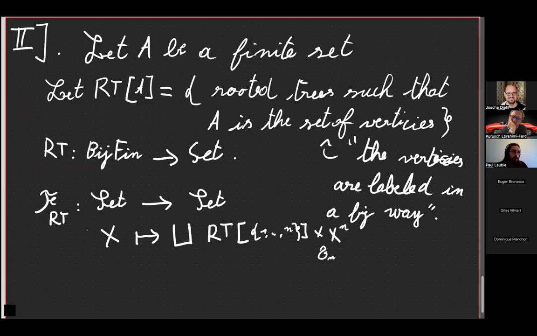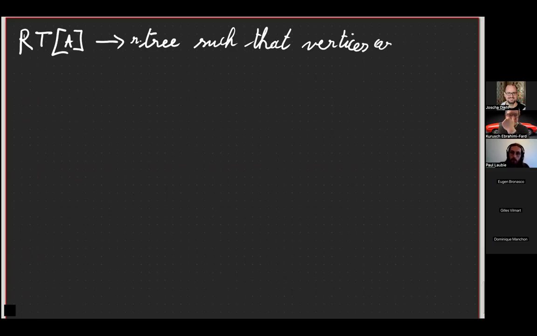It is not really important to understand this functor, but the idea which is really important is that RT of A gives me rooted trees whose vertices are labeled bijectively.